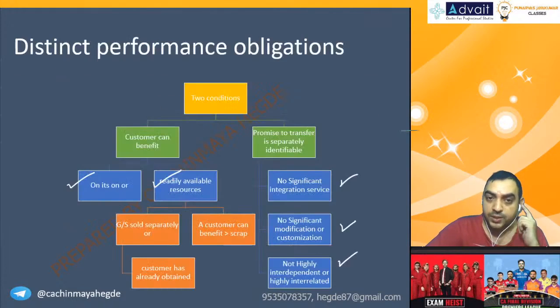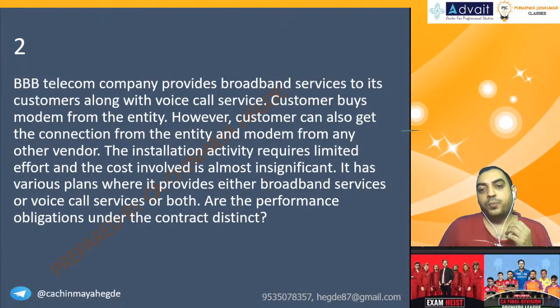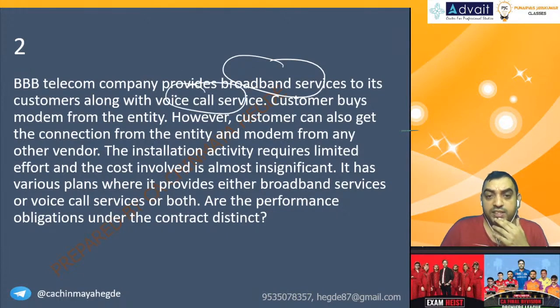Distinct performance obligation. Let's do a problem based on this. Question number 2. Please read. BBB Telecom Company provides broadband service to its customer along with voice call service. Customer buys the modem from the entity. Okay, so there is one broadband service, voice call service, modem from the entity.